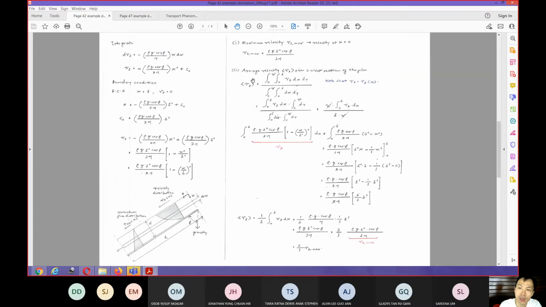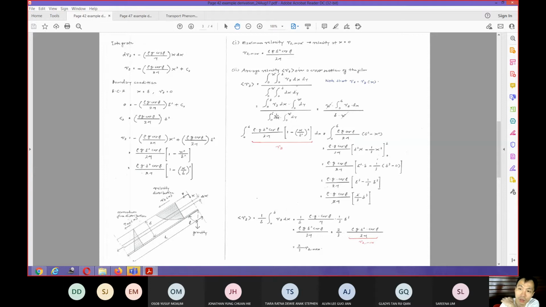Okay, now the definition of the average is that the velocity you integrate over this particular area is divided by the area itself. Now you know that the Vz in here is a function of x, so the dy is not related to this Vz and the dx, because y is not a function of x, so we can split this double integral into two terms.